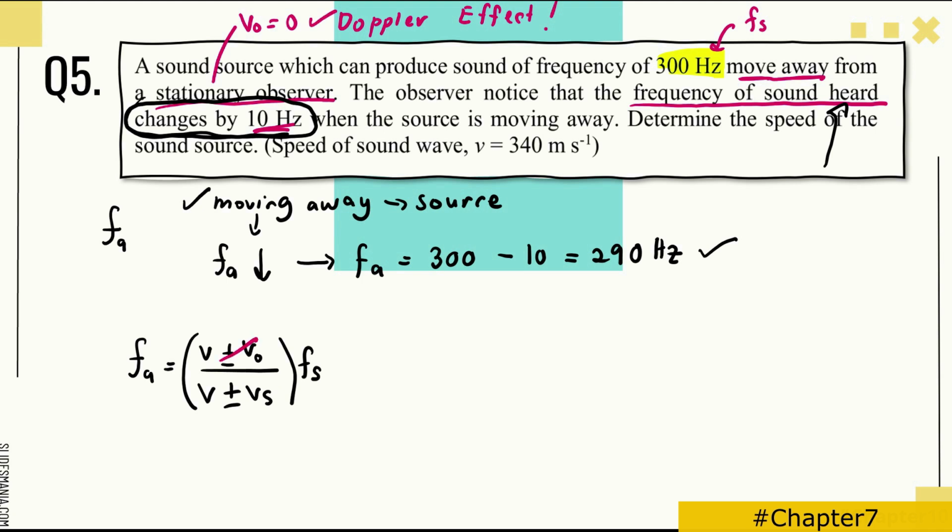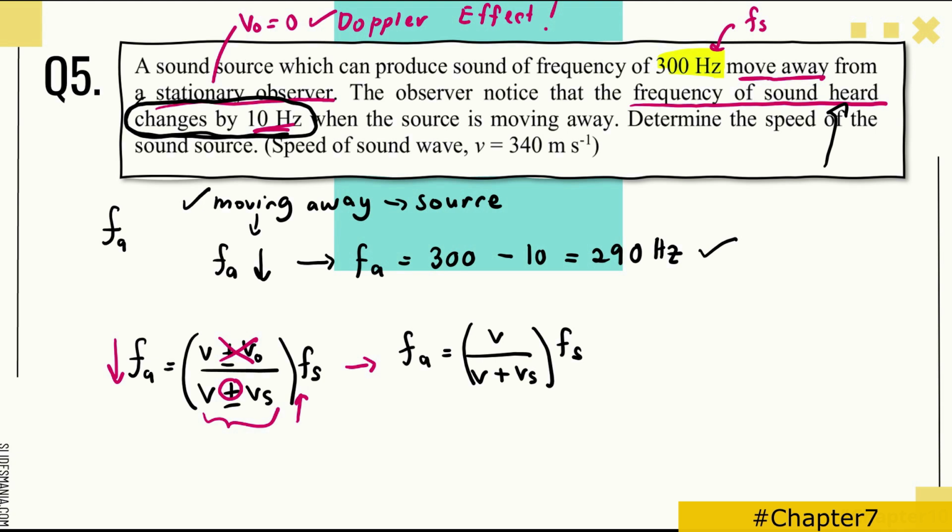Because the sound heard is lower, the denominator must be higher, so we need to use plus. The correct equation for this case is fA equal to v over (v plus vs) times fs.